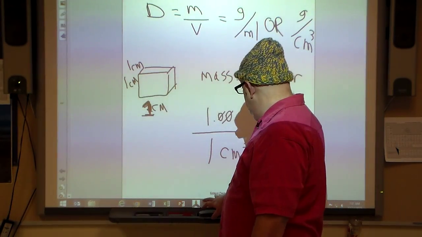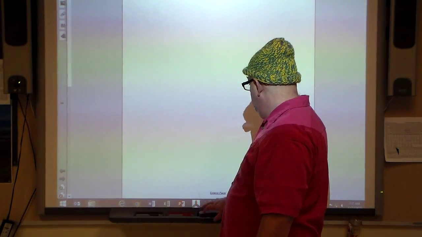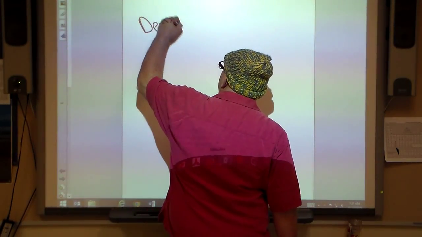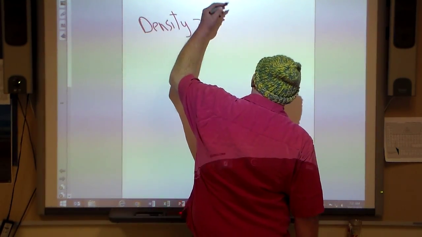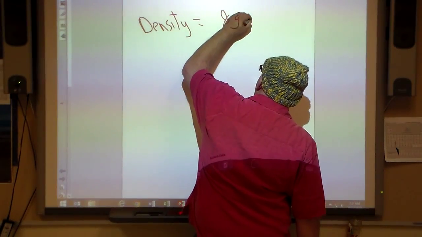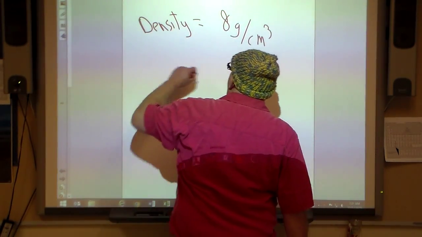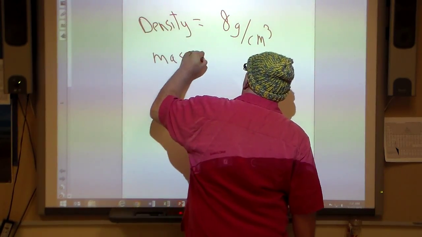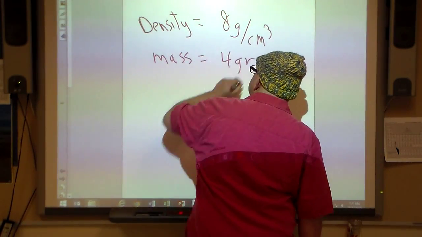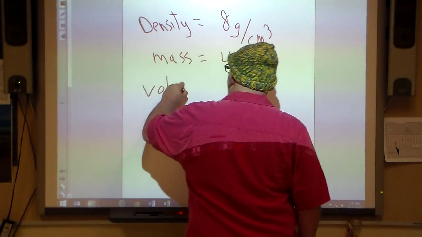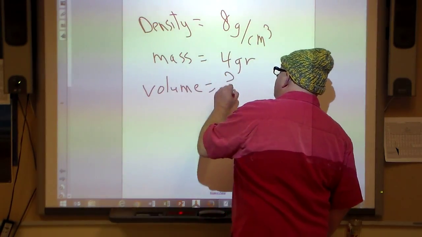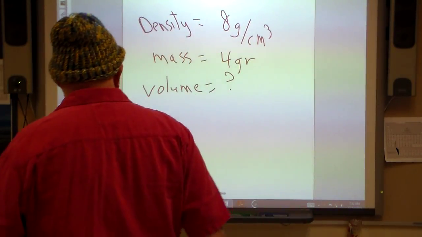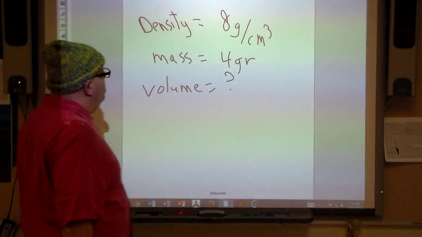I may ask you, hey, if I have a density of, let's say, 8 grams per cubic centimeter, and I happen to have a mass of 4 grams, then what is going to be my volume? Okay? So that would be another thing to look at.